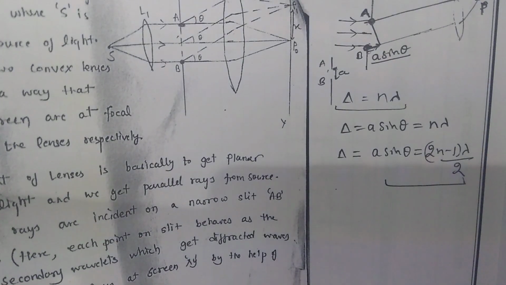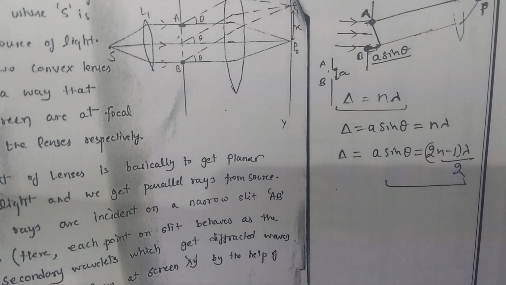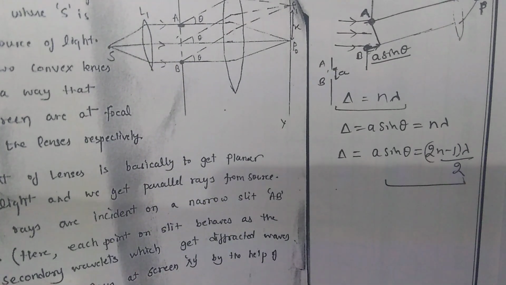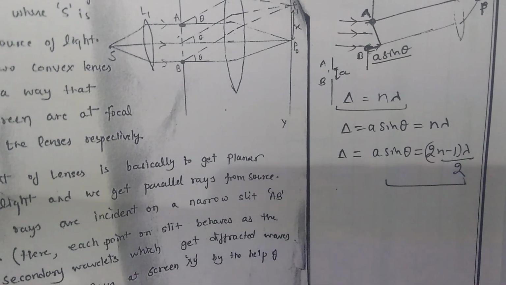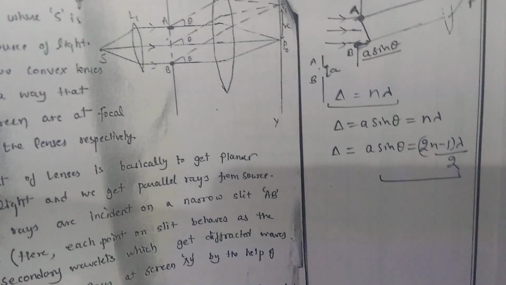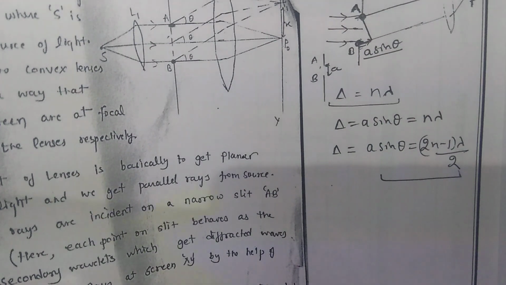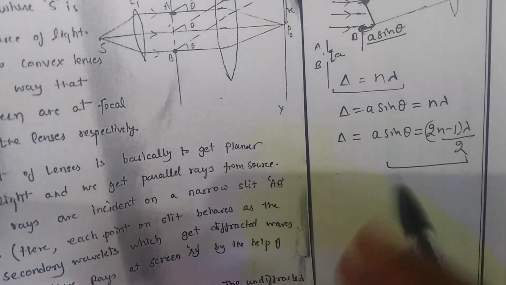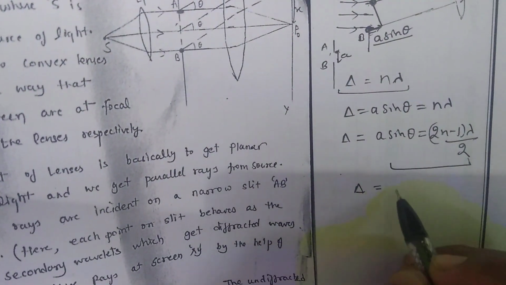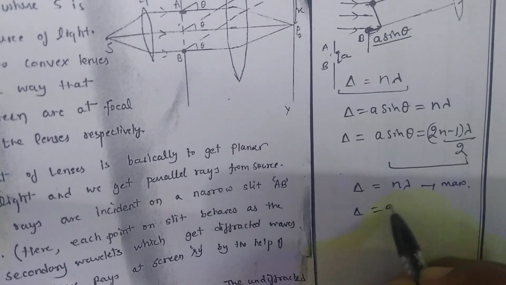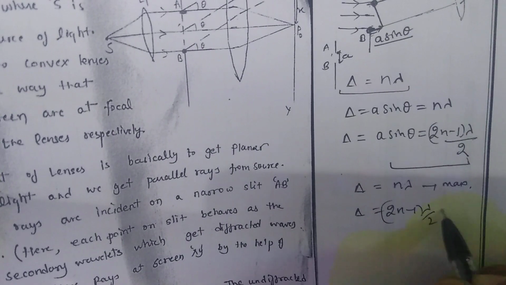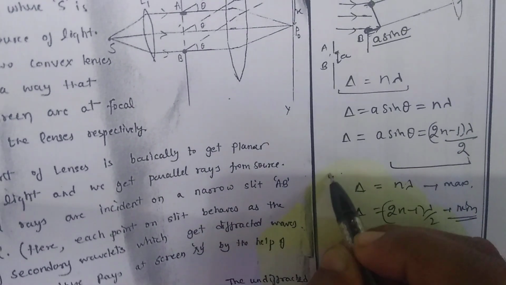Now how can this happen? This is a reverse kind of condition compared to interference, because in interference the superimposition of wavefronts happens, and whenever the path difference is equal to n lambda, we get maxima points, and whenever the path difference is equal to (2n minus 1) lambda by 2, there is a minima point.